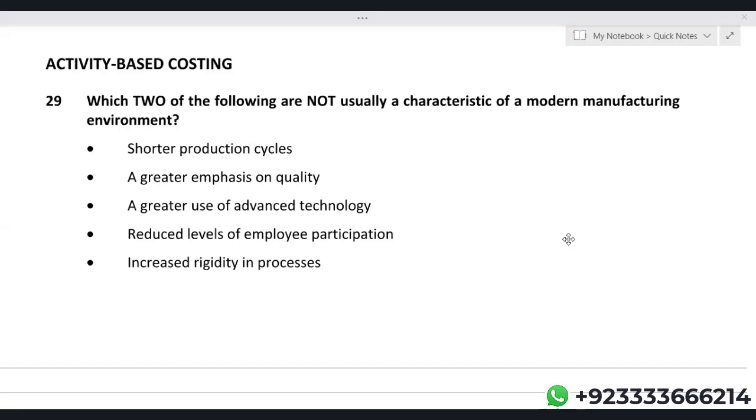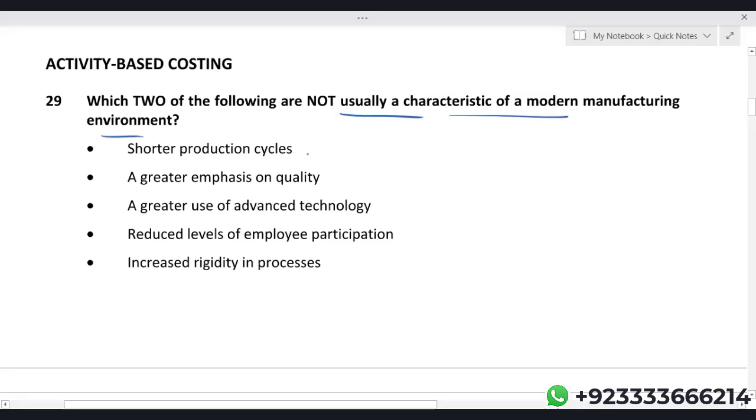Which two of the following are not usually characteristics of a modern manufacturing environment? Shorter production cycle. It is a characteristic of modern manufacturing environment.